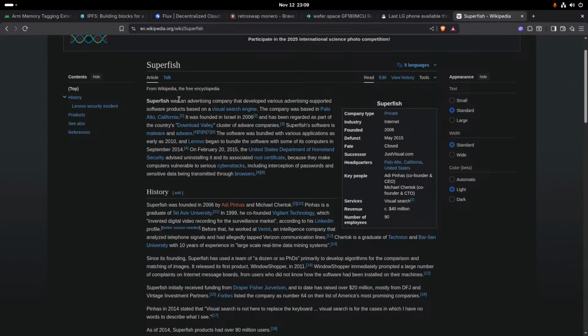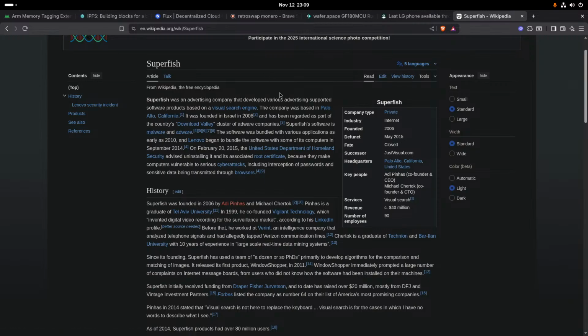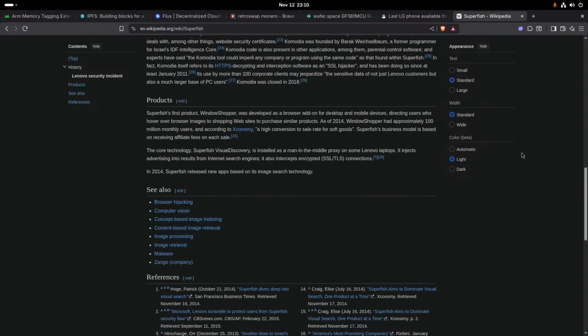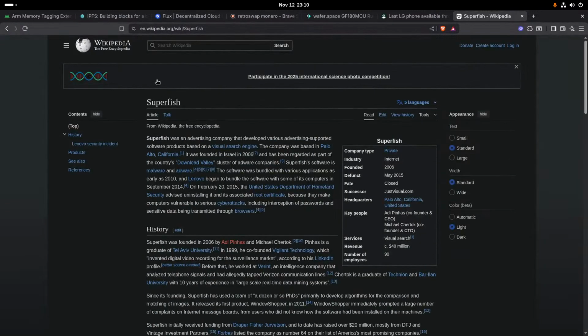It was an advertising company that developed various advertising-supported products. Users expressed concerns about the scans of SSL-encrypted web traffic by Superfish visual search software pre-installed on Lenovo laptops from 2014 to 2015. Think about it. An advertising company did this. I think they finally got absolved. Thank God.